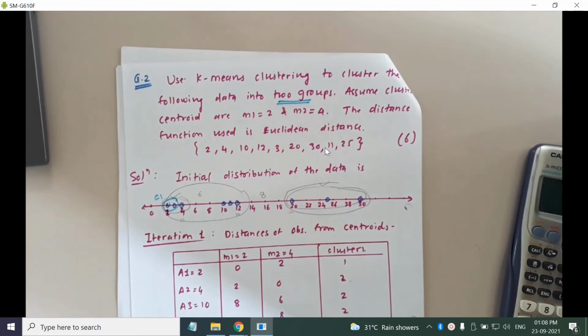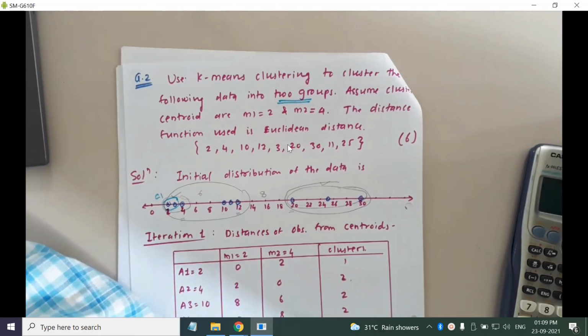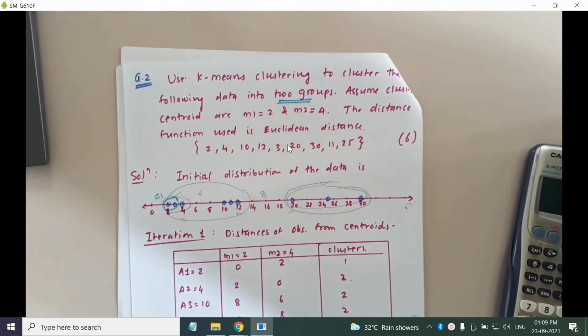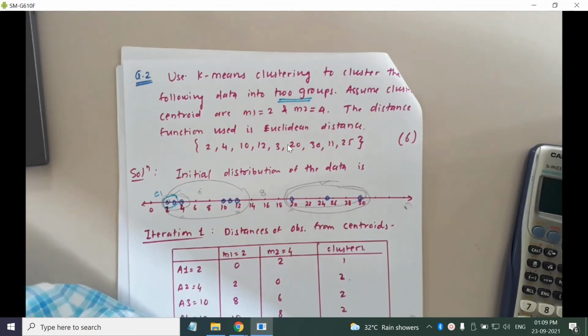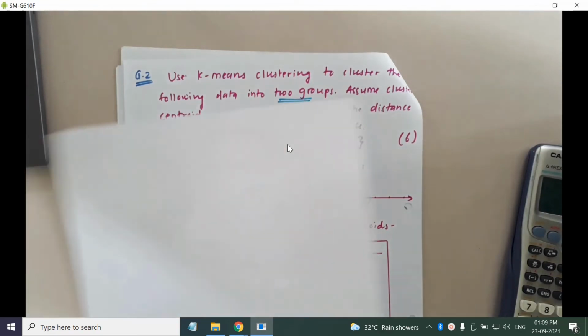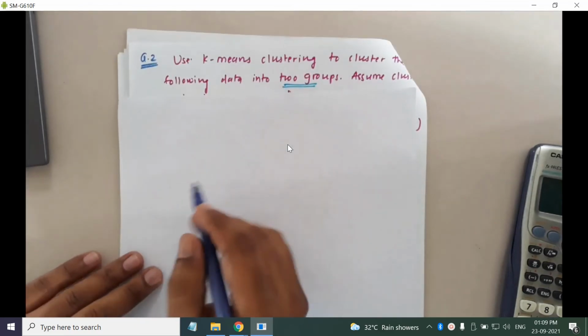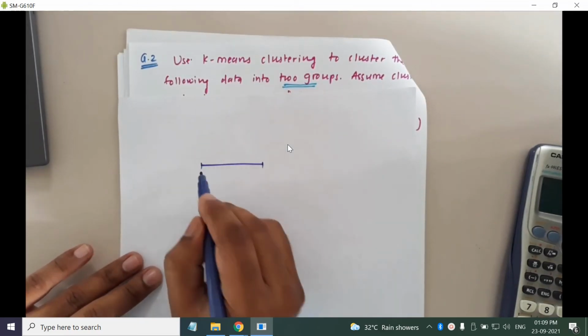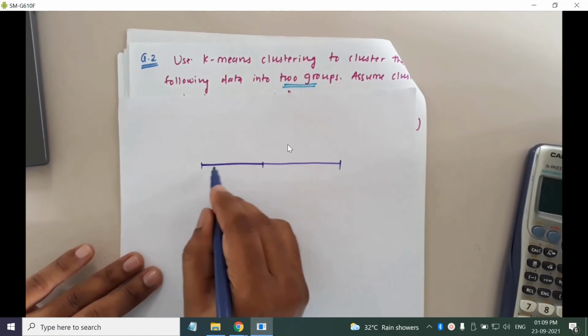Any change in the data? So we have one dimensional data here. And what change will it make to our distance formula? It is one dimensional data, right?